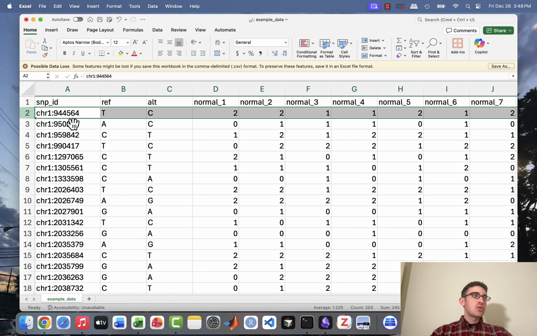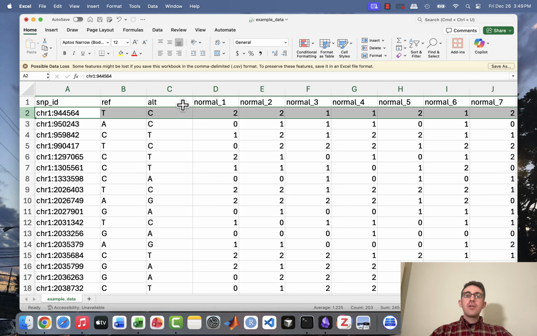Remember, and sorry for repeating if I'm annoying you, but I repeat because it's important: each person has two alleles for each SNP. And these 0, 1, and 2 numbers tell us, out of those 2 copies of the SNP that they have, how many copies were the alternate allele.